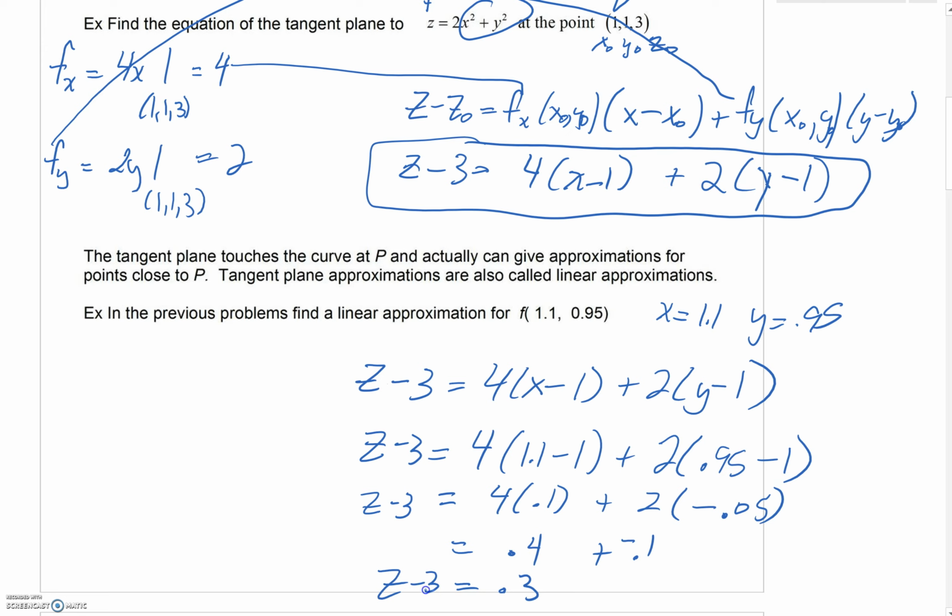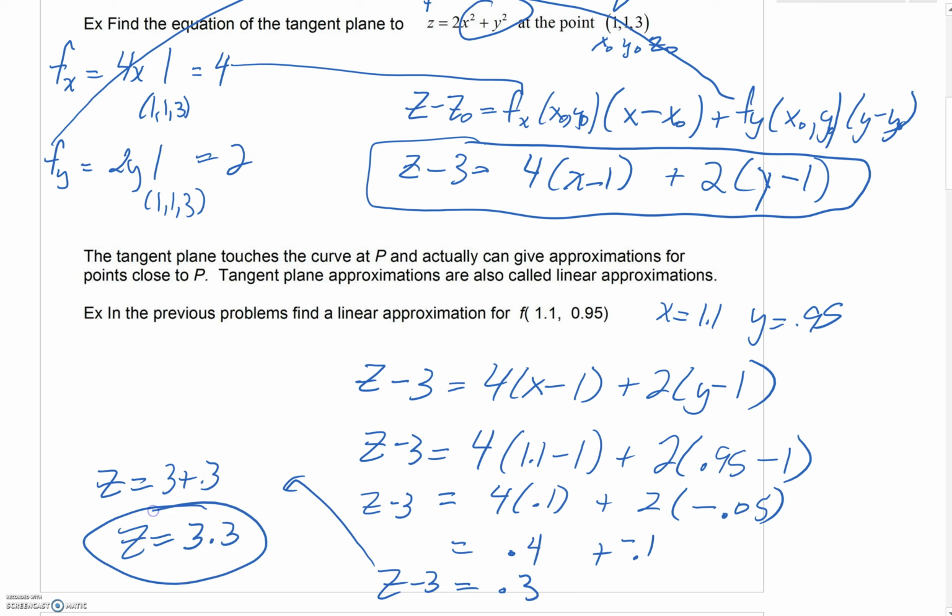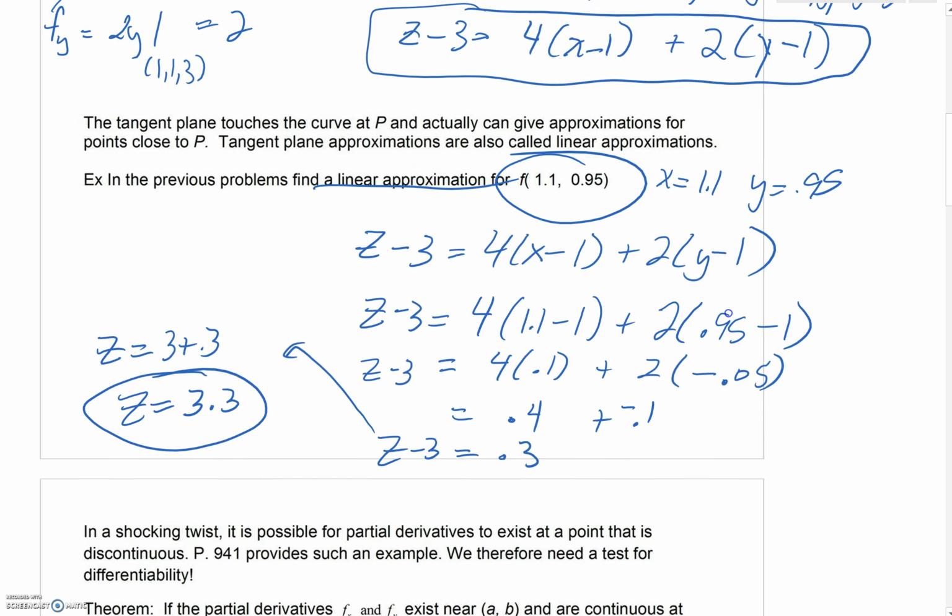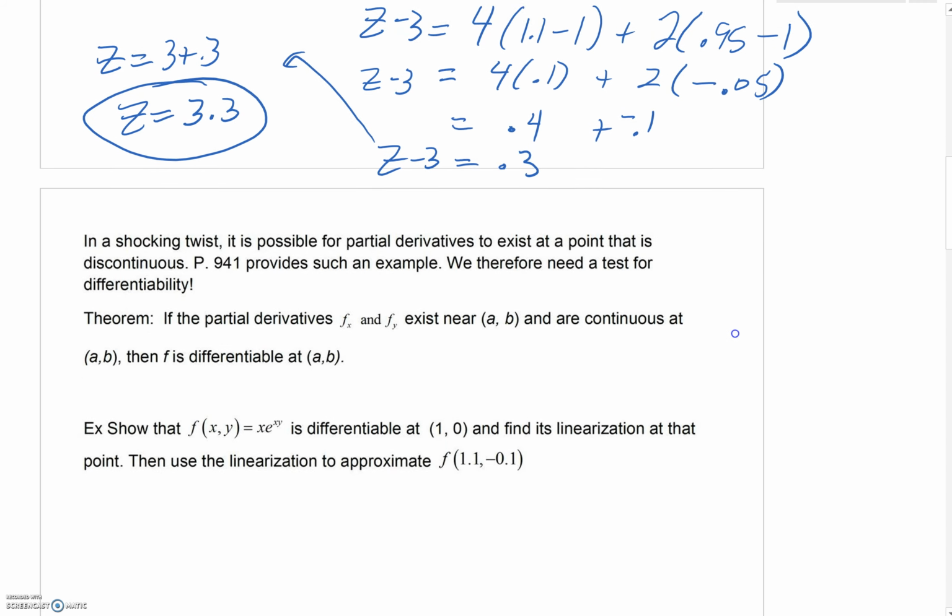And then when we add the 3, we'd get z equals 3 plus 0.3. So this is not your real function value at x of 1.1 and y equals 0.95. It's not what your z value truly equals, but it's an approximation. It's a very nice estimate.